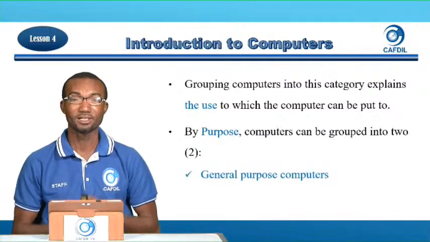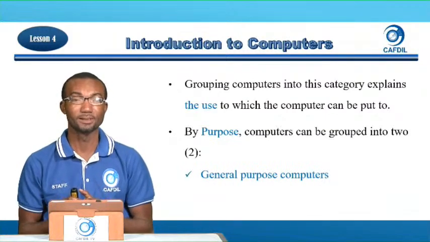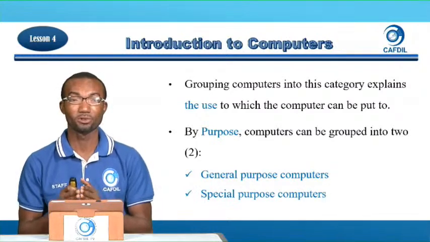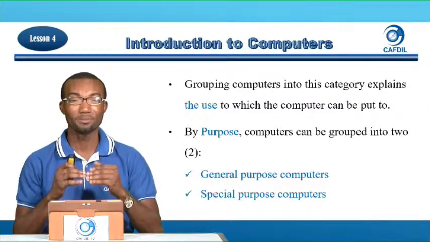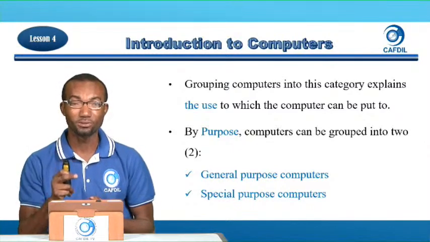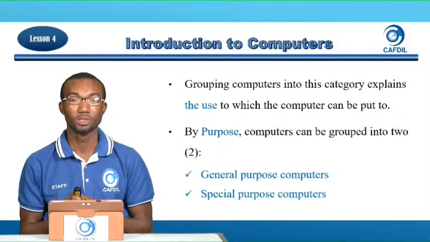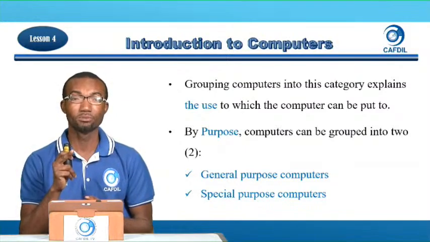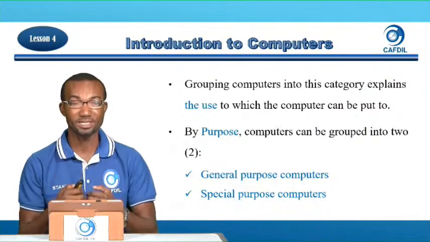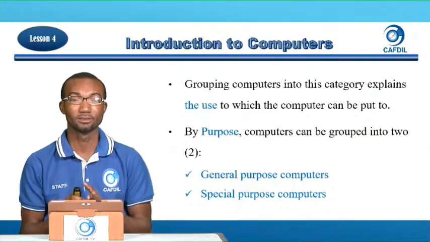The first one is general purpose computers, and the second one is special purpose computers. So if I'm designing a computer, it must fall between these two. Either the computer is going to be a general purpose computer, or it is going to be a special purpose computer.